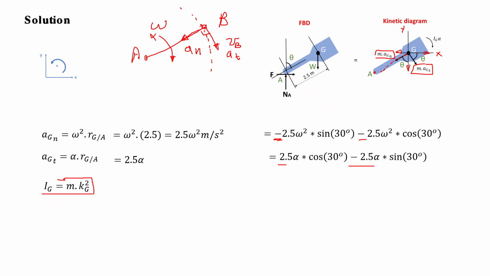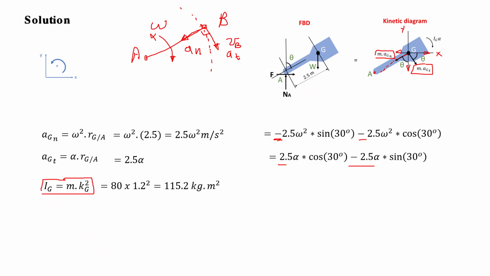Okay, so we have been given the value for the radius of gyration, kG, and we have the mass, 80. So it's going to be 1.2 squared multiplied by 80, and this will be equal to 115.2 kilograms meter squared. So we're almost there, and I have the Ig now.